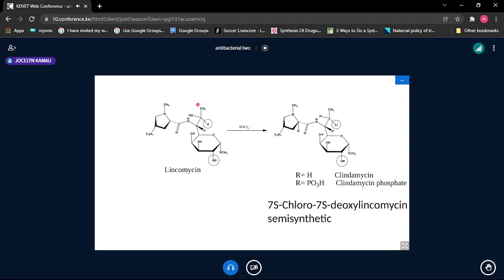Change number 2 is that the stereochemistry of lincomycin and that of clindamycin is not the same. At position number 7, lincomycin has the R configuration, but clindamycin has the S configuration. So those two changes, the hydroxyl group replaced with a chloro group with inversion of stereochemistry, give us clindamycin.